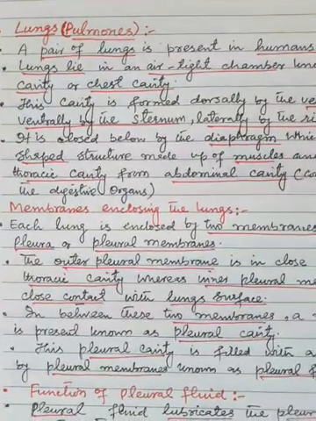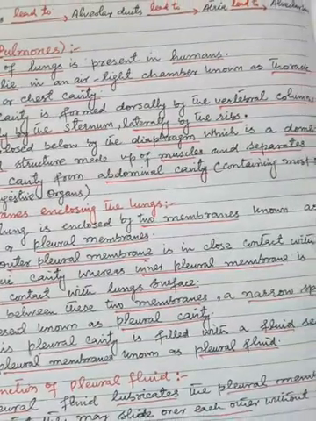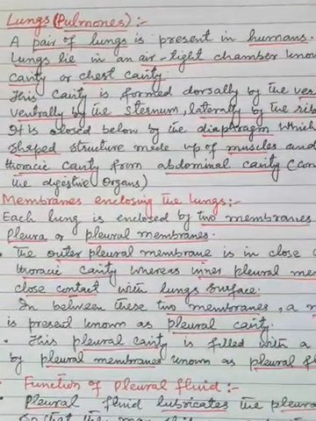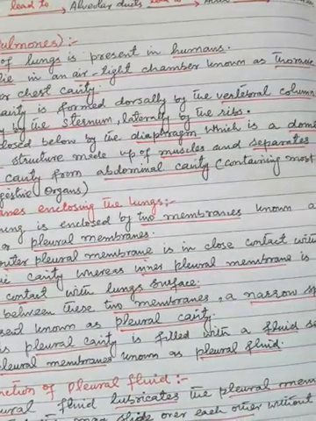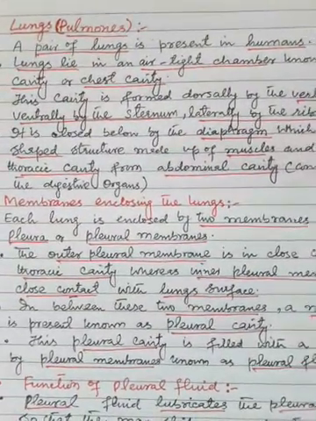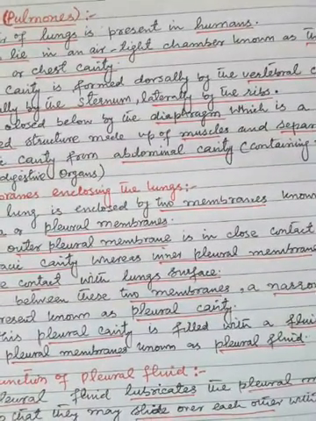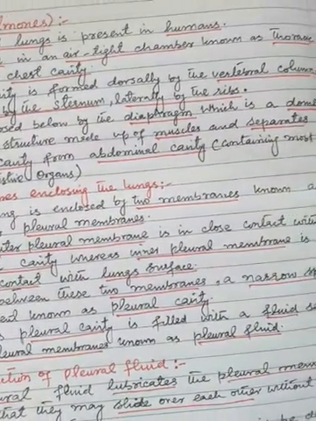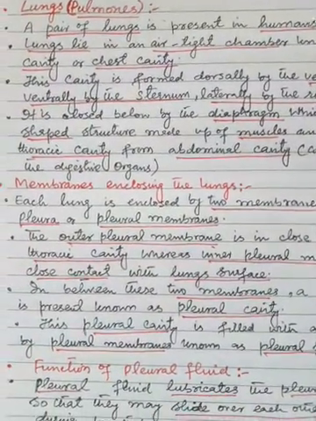It is closed below by the diaphragm, which is a dome-shaped structure made up of muscles and separates the thoracic cavity from the abdominal cavity. The abdominal cavity is the cavity containing most of the digestive organs.